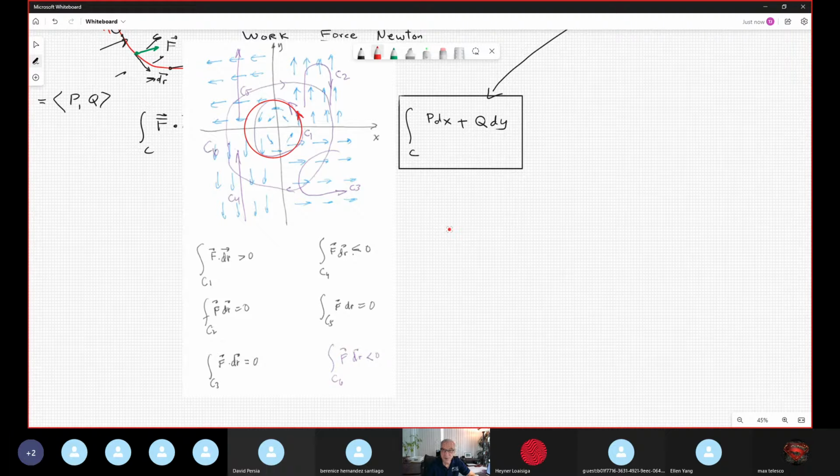So there is a perfect coincidence between F, the vector field, at any point, and dr. Dr is a vector tangent to the curve. In this direction, same direction. In this case, same direction. In this case, same direction. Therefore, I conclude that when I finish the problem, the integral gives me a positive value. This idea is cool? This idea is okay?